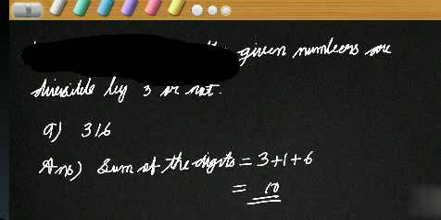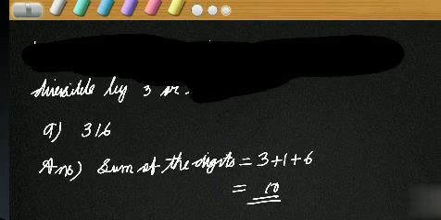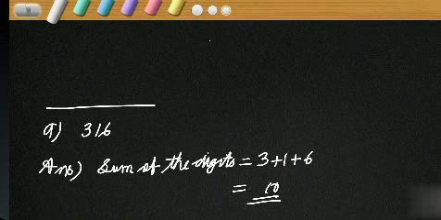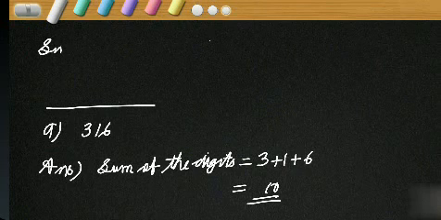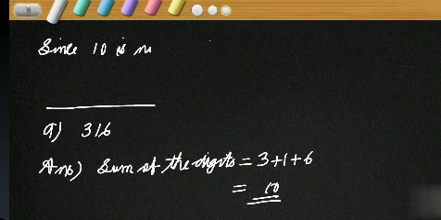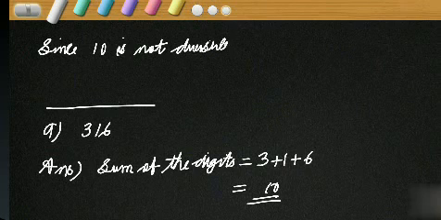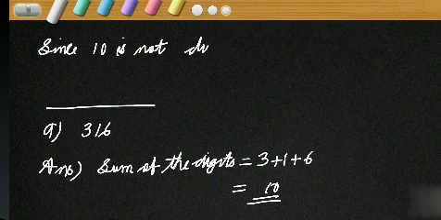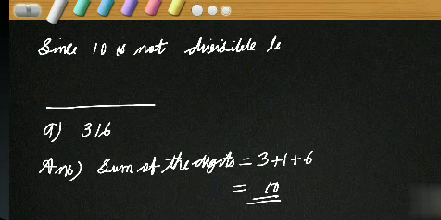So, since 10 is not divisible by 3, we can say that the given number is also not divisible. So, in simple words, we could write, since 10 is not divisible by 3, what can we say?